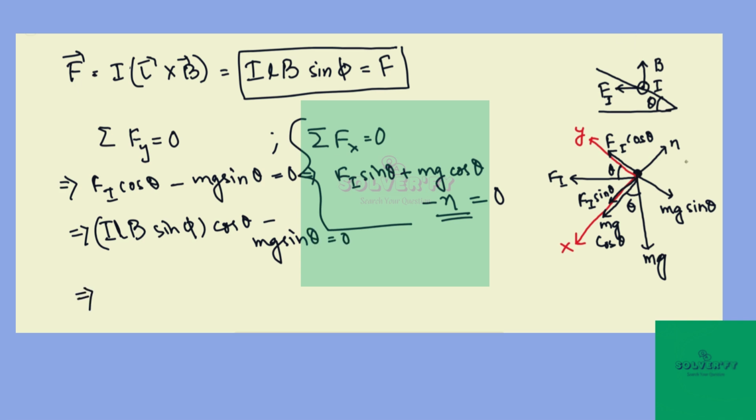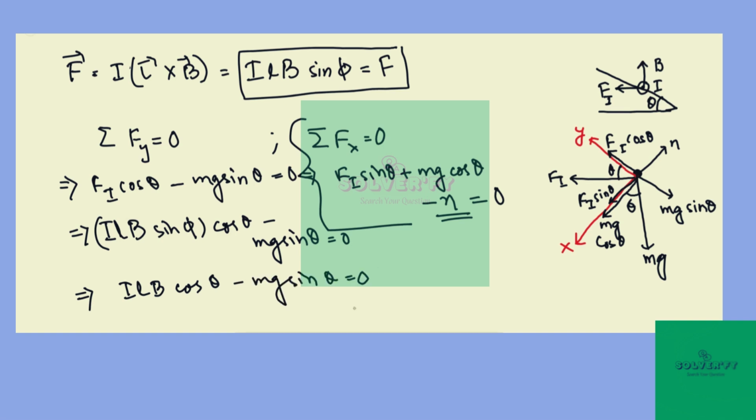Since the angle between L, the direction of current, and the magnetic field, as you can see here, is 90 degrees, sine phi is basically 1. So the equation reduces to this.